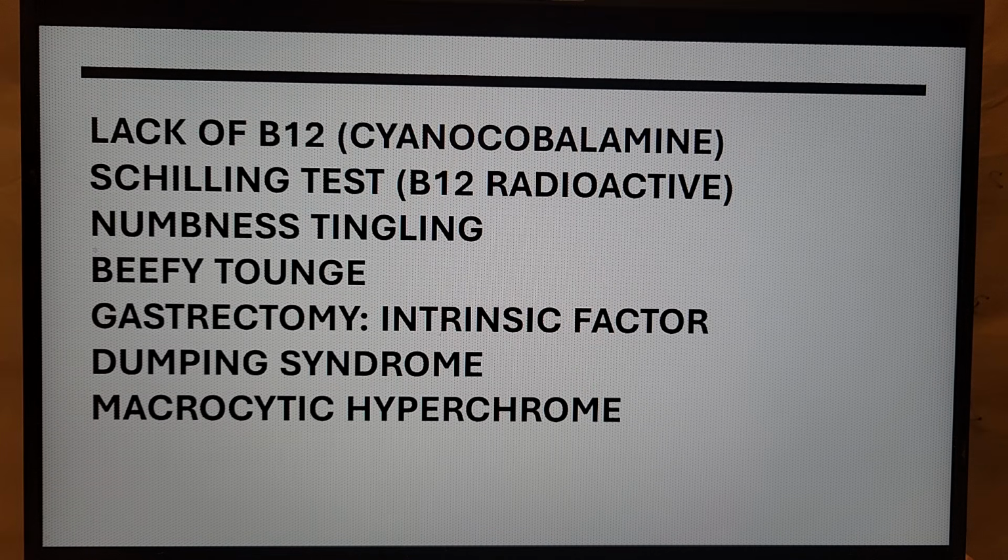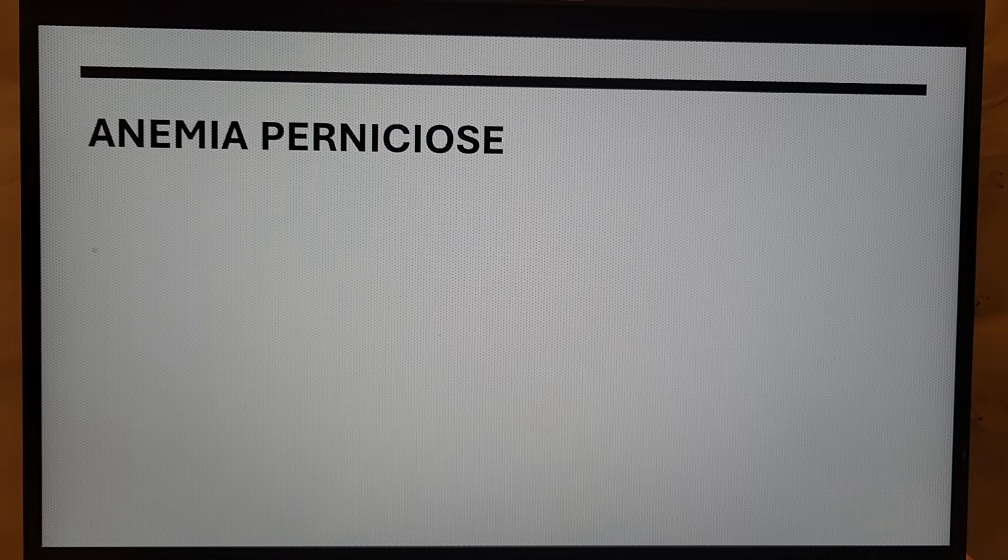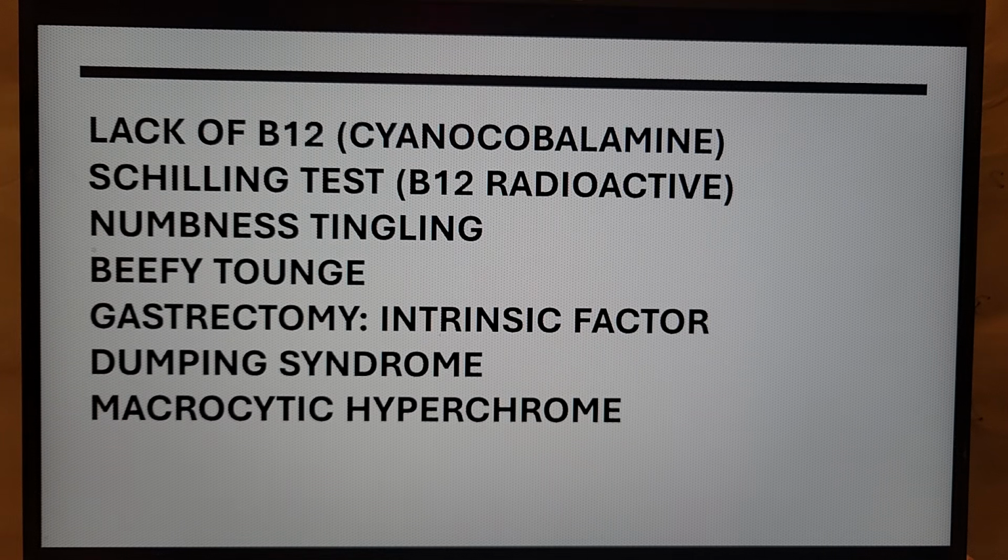So for people with pernicious anemia, lack of B12, right? If you take their blood and smear it on the slide and look under the microscope, you will see that their RBCs are big and red, right? So macrocytic hyperchromic. Their RBCs are bigger than normal, and the color is more red than regular.